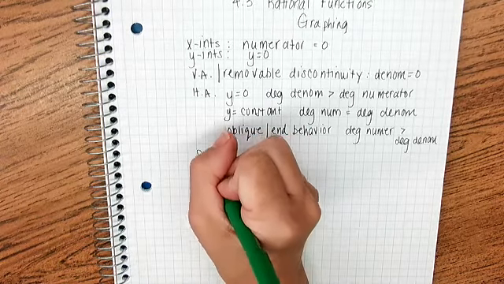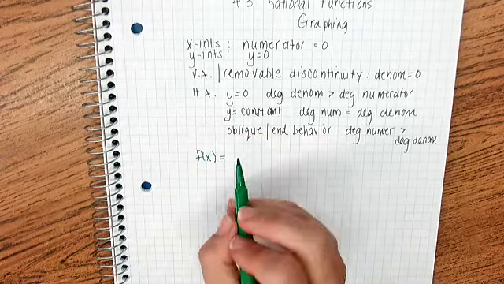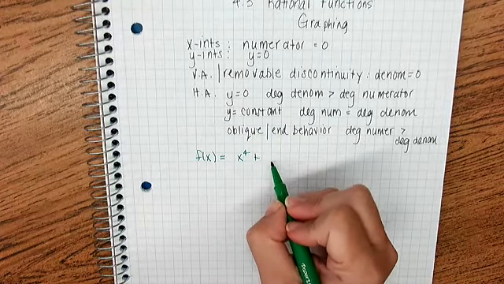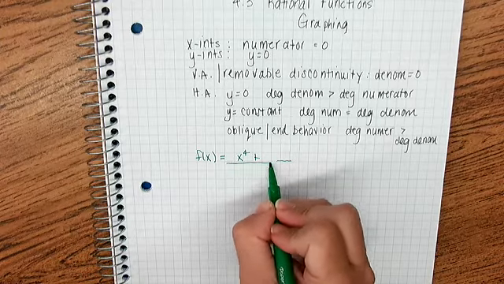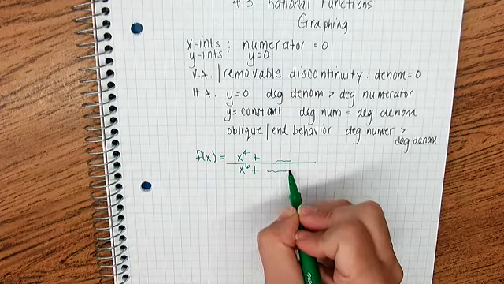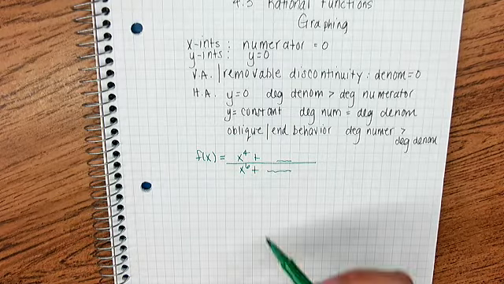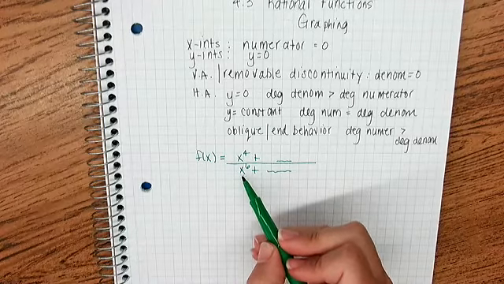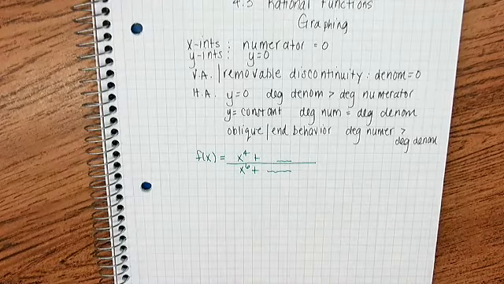If you have some function, and I'm just going to look at the leads, you have something like x to the 4th plus blah, blah, blah over x to the 6th plus blah, blah, blah. Always look at the lead terms and ask yourself, does x to the 6th go into x to the 4th?